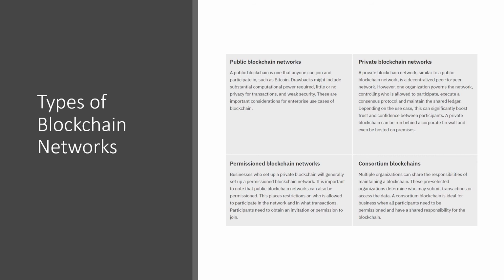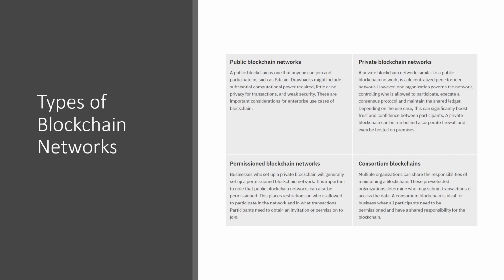A public blockchain is one that anyone can join and participate in, such as Bitcoin. Drawbacks might include substantial computational power required, little or no privacy for transactions, and weak security. These are important considerations for enterprise use cases of blockchain.